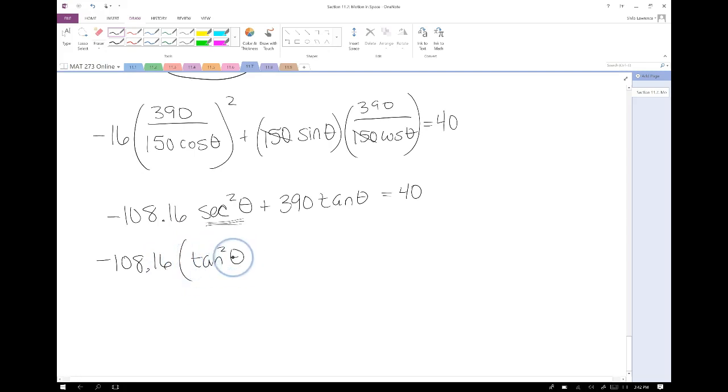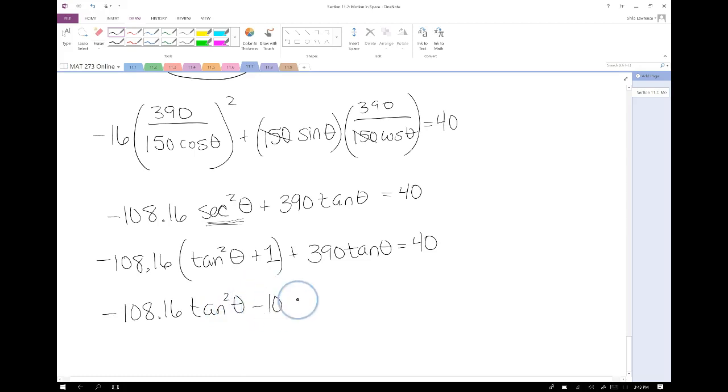I'm replacing secant squared with tan squared plus 1, which is a Pythagorean identity. And that's going to help us because now we only have an equation that contains one variable, and this equation is now quadratic in form, which means we can solve it like a quadratic equation using a substitution.